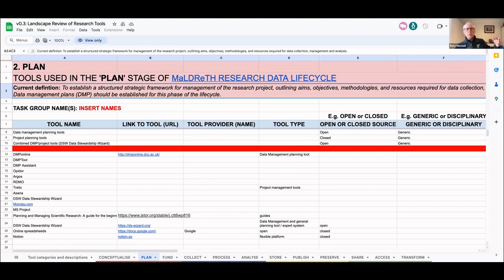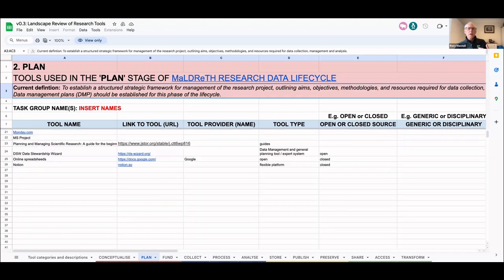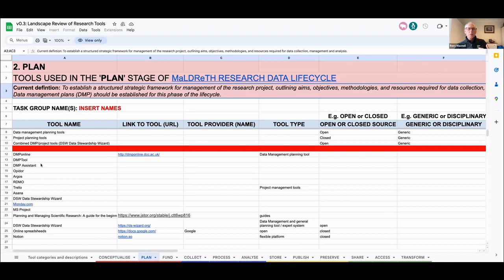The groups tried to think about what were the relevant tools used at particular stages of the life cycle. So here's the plan example, and here are some of the tools that people came up with in these discussions. That was the beginning phase, and then we populated this.